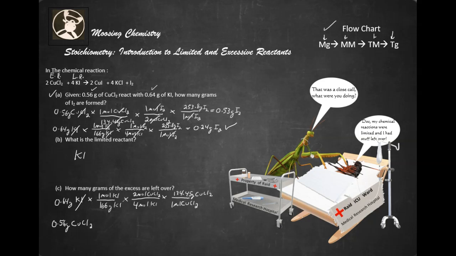So now we're going to do the math, and this is going to equal 0.26 grams of copper chloride used.